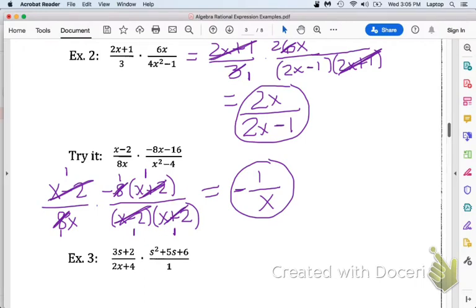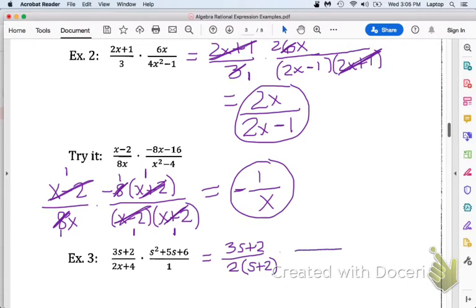So we're going to look at the first one. 3 and 2 do not have any common factors, but 2 and 4 do. So I can definitely factor out a 2 in the denominator. And of course I will factor the trinomial. So let's go ahead and do that. So I'll keep the 3s plus 2. If I factor out a 2, I'll get s plus 2.